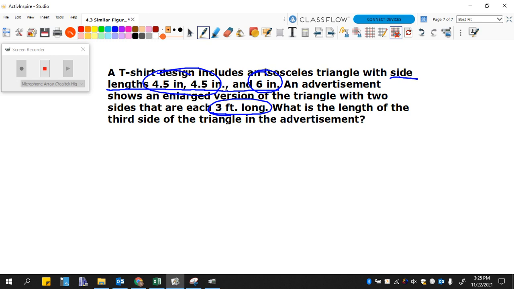The two sides of 4.5 inches relate to 3 feet, and we know that the base on the t-shirt is 6 inches. We want to find how many feet it will be on the advertisement, not inches. So we cross multiply.